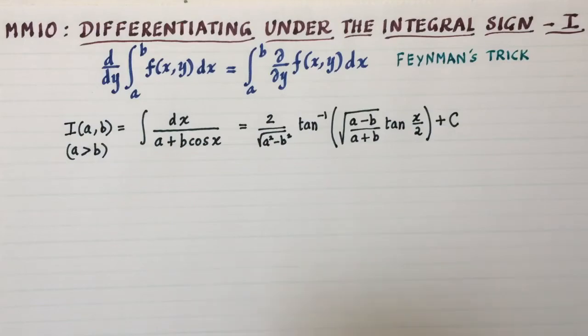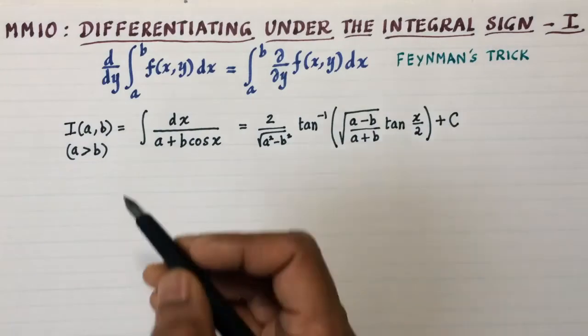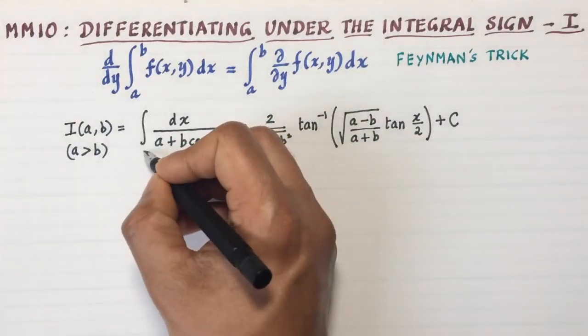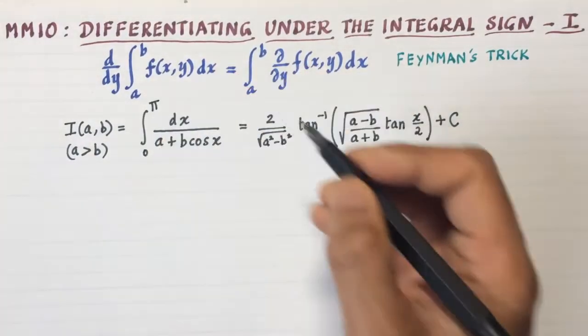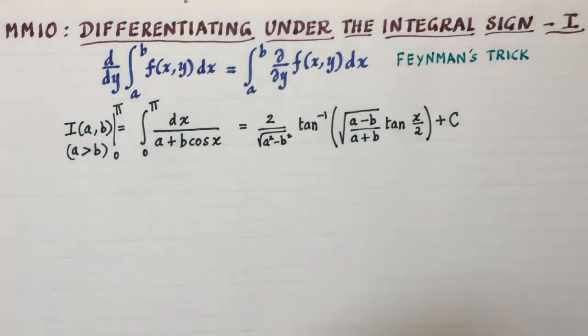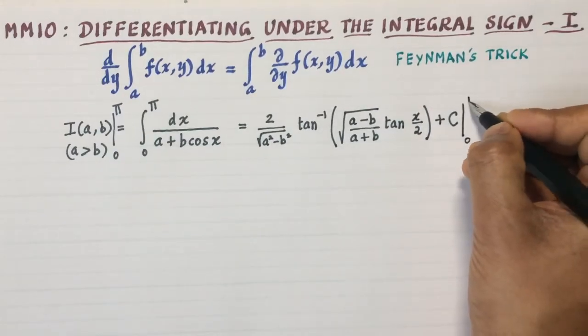Now, even though this theorem, differentiating under the integral sign, does not technically require us to have limits, for the sake of presentation I decided to have limits because it's easier to show you these things in a simpler fashion. So when I put the limits of 0 and pi, let's see what happens to this complicated result.